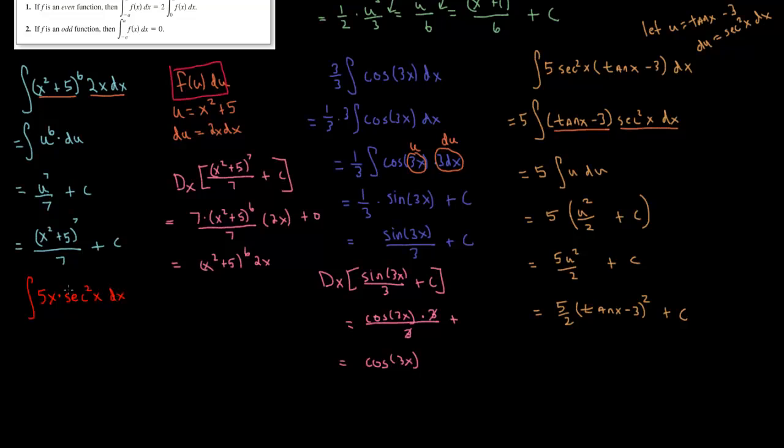Now, we know that the derivative of tangent is secant squared. So if it wasn't for this pesky 5 and this pesky x, I could just say the antiderivative was equal to tangent x.